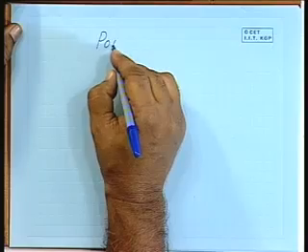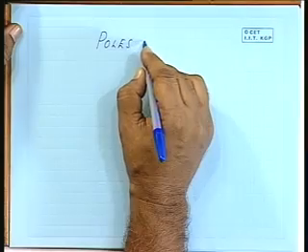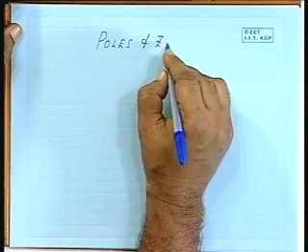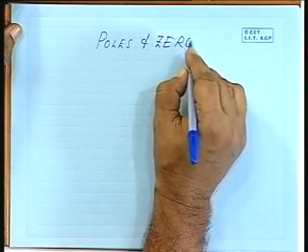Okay, good afternoon friends. We are discussing poles and zeros, location of poles and zeros and determination of residues.